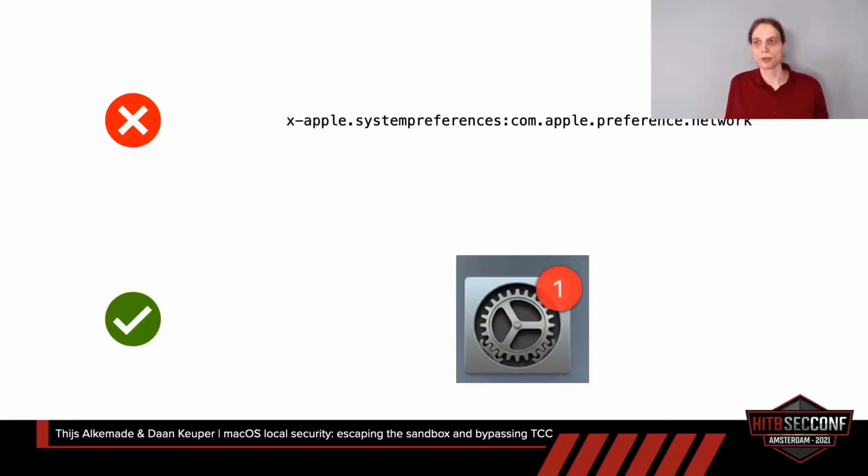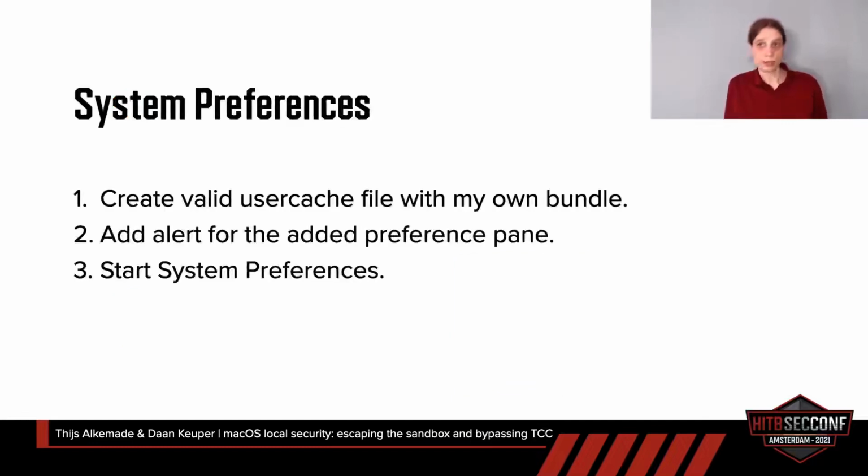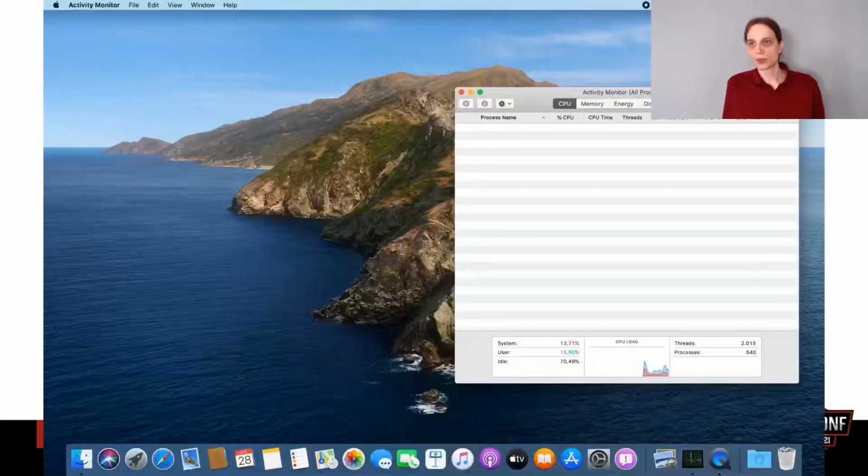And if you start system preferences the first time after a new alert has been added, then it will automatically open the preference pane that added this alert. So I could shorten the attack to this: create a new user cache file, add an alert for an injected preference pane, and then start system preferences. And this made the attack much faster.